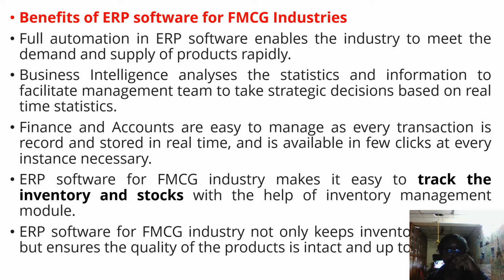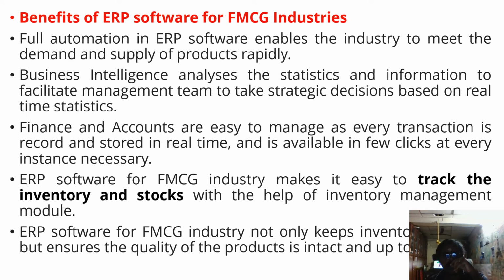Accounts payable, accounts receivable, GL maintenance, everything is possible with SAP FICO. ERP software for FMCG industries makes it easy to track the inventory and stocks with the help of the inventory management module.